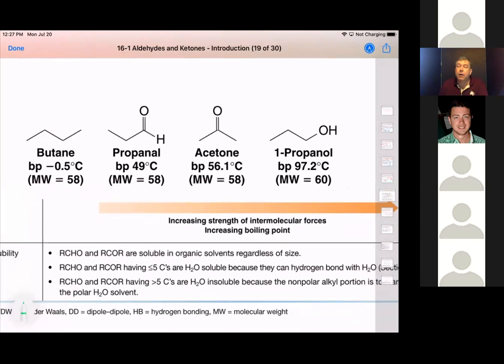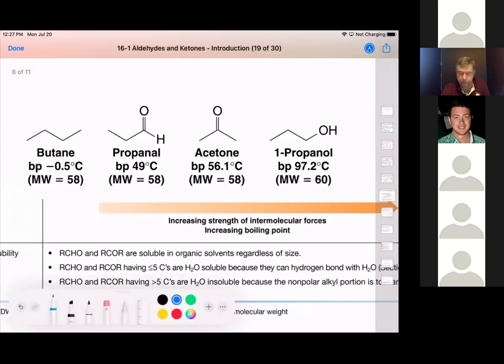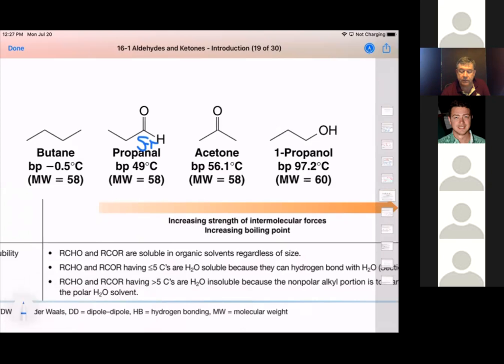When we got to alcohols, we found out that hydrogen can hydrogen bond to the lone pairs on adjacent oxygens to give us a big boost in the boiling point of the system because of that hydrogen bonding. Well, in the case of aldehydes and ketones, we do have an interesting interaction here because we have the partially positive carbon here and the partially negative oxygen here.